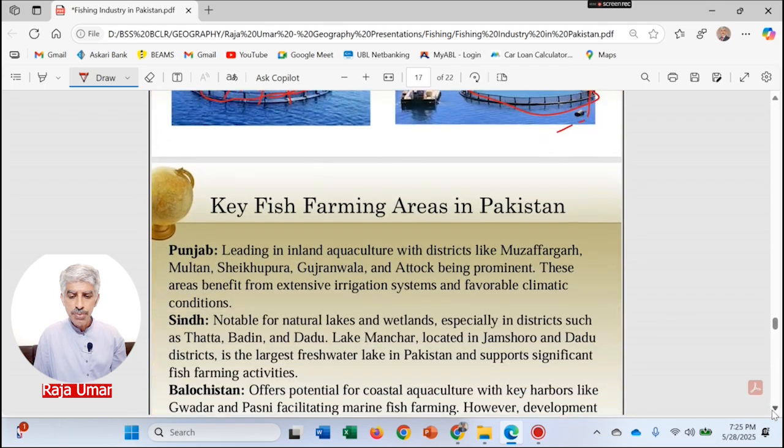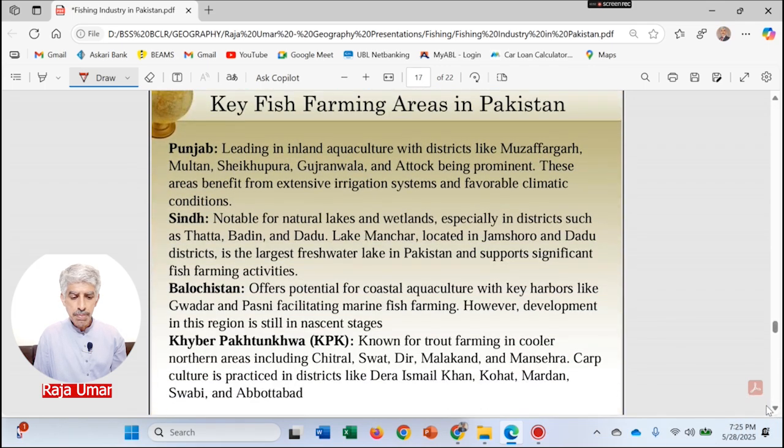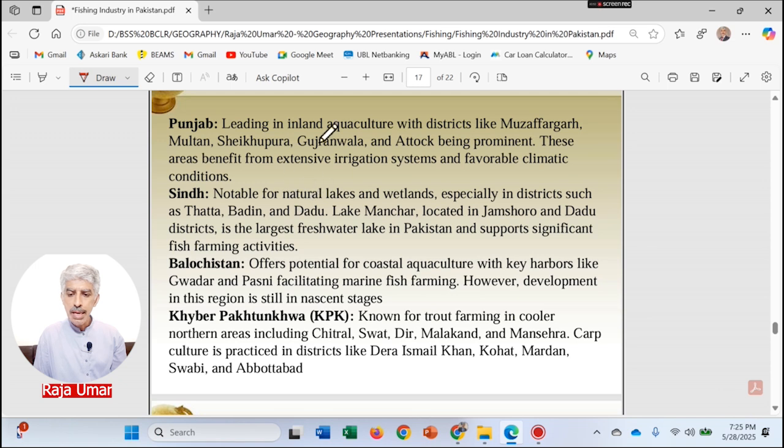So key fish farming areas of Pakistan: Punjab, the leading in inland aquaculture with districts like Muzaffargarh and Multan. These two are in South Punjab. Shekhupura and Gujranwala are in central Punjab, and Attak in northern Punjab. These areas benefit from extensive irrigation systems and favorable climatic conditions.